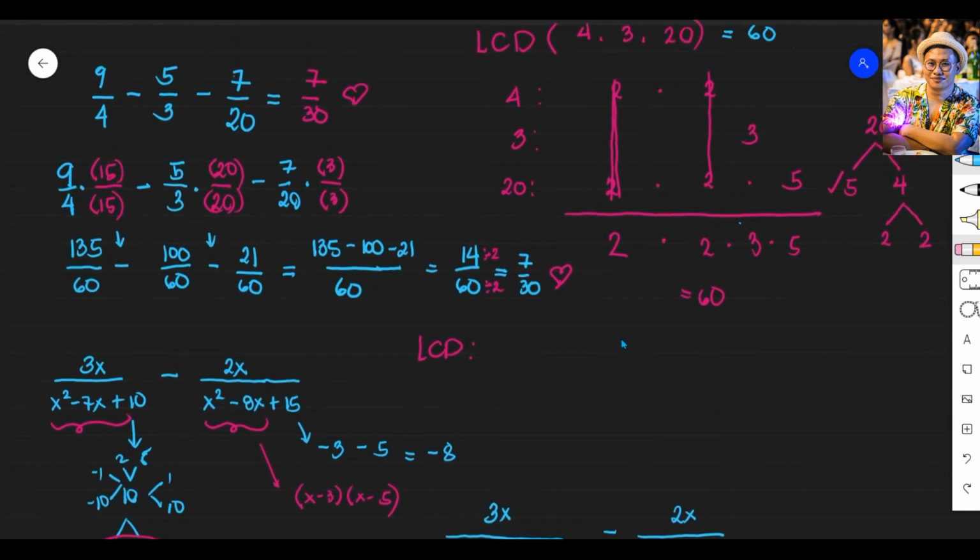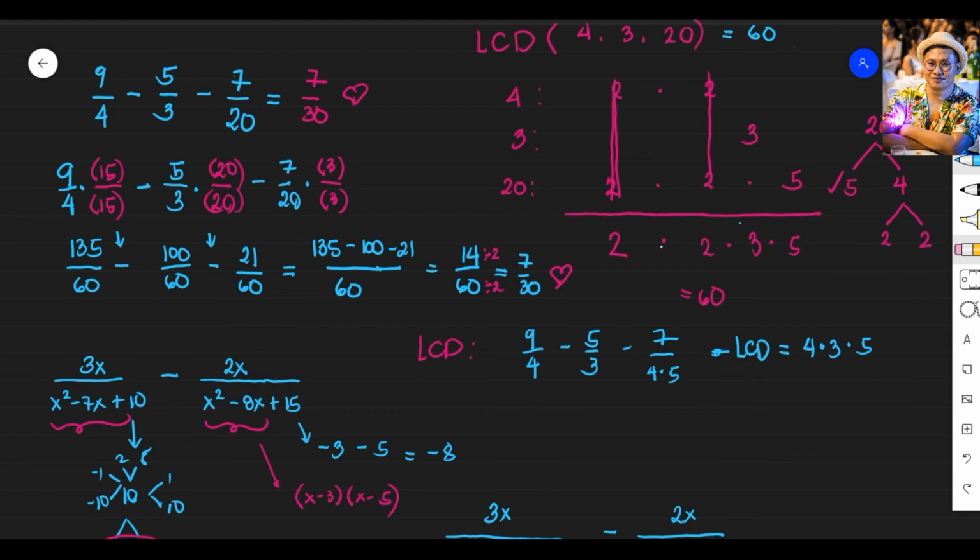So if you notice, in this example, 9 over 4 minus 5 over 3 minus 7 over 20, we can actually rewrite it as 9 over 4 minus 5 over 3 minus 7 over 4 times 5, because 4 times 5 is just 20. And then, to find the LCD, the LCD is simply the product of the denominators, which is 4 times 3 times 5.